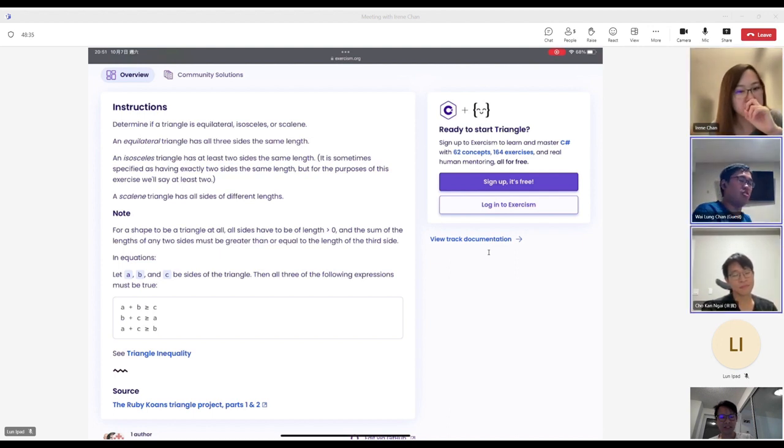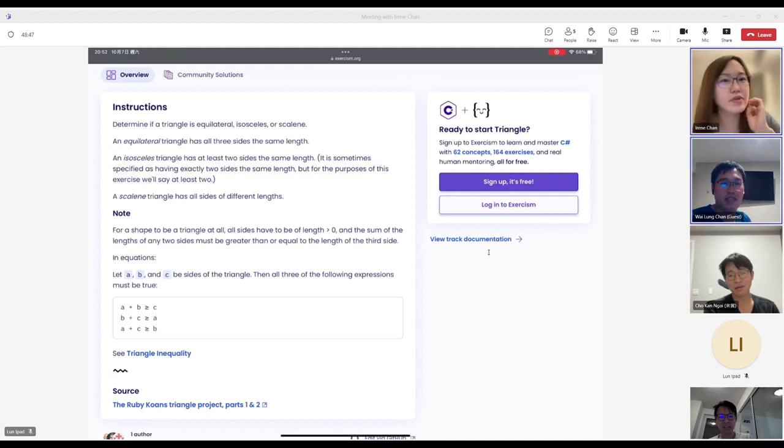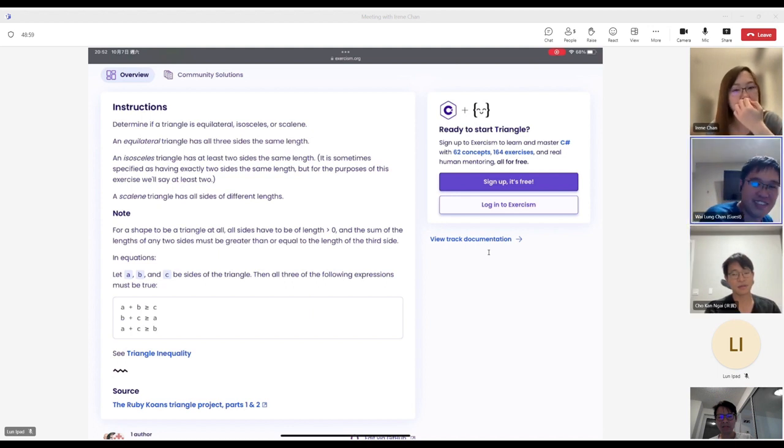Just the variable type. The length can have decimals, so it should be double, not integer. Yes, you're correct. But as long as your logic is correct, it's just the data type.